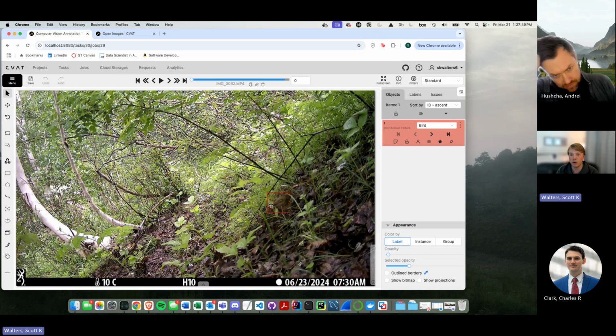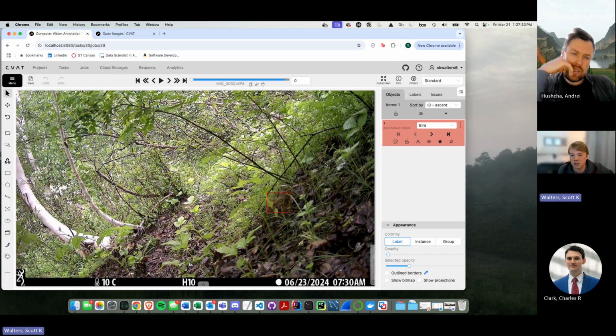In pretty much every video from this nesting site, and we've only been working with one nesting site just to get something reasonable together first, the bird pretty much always shows up in this quadrant, right in this zone.